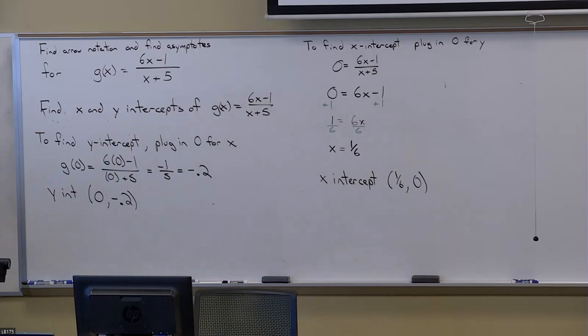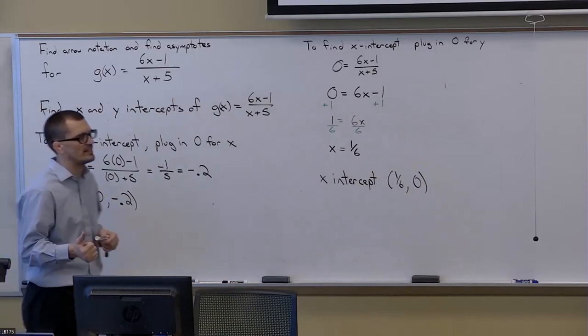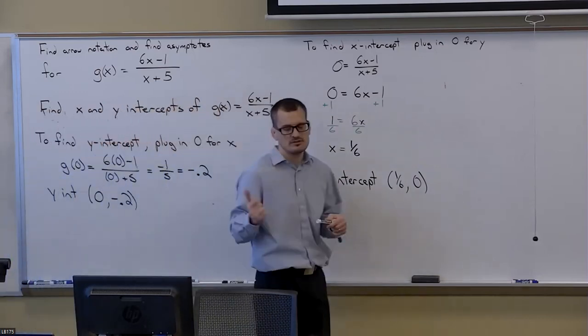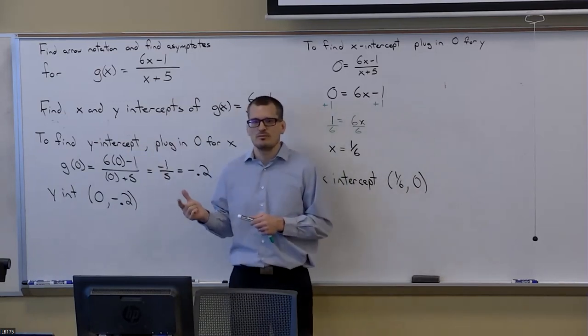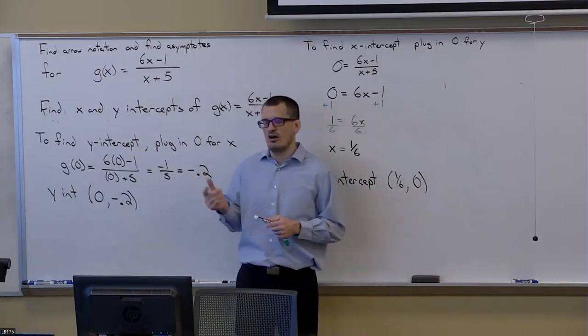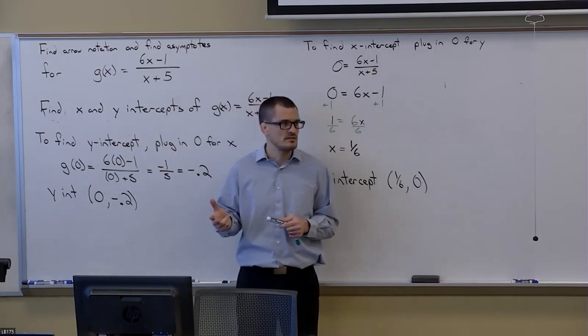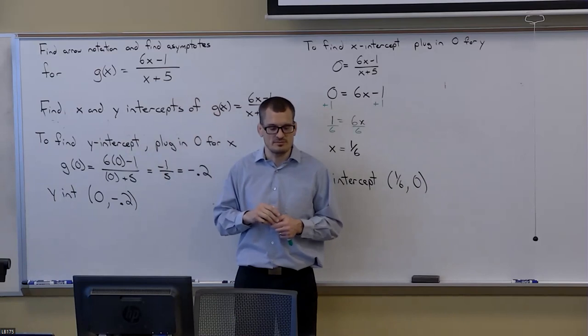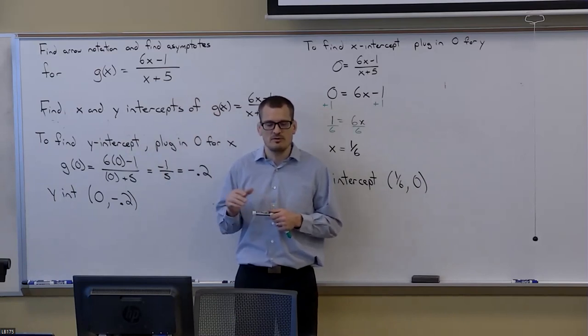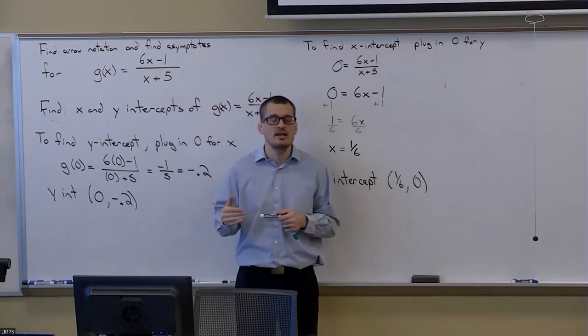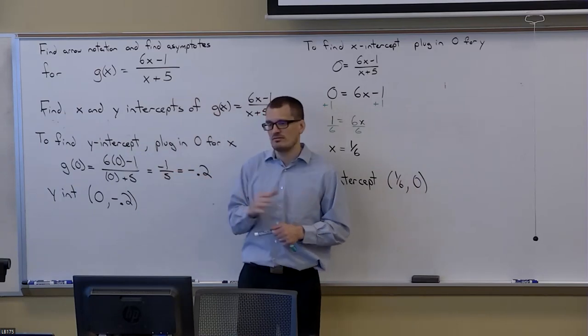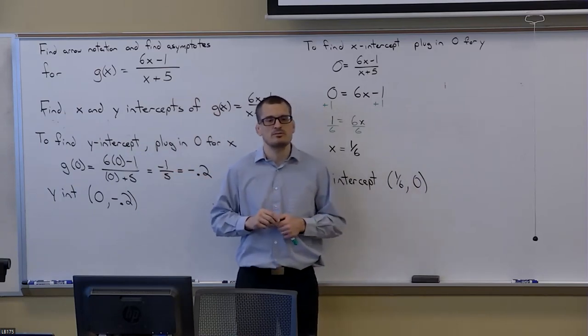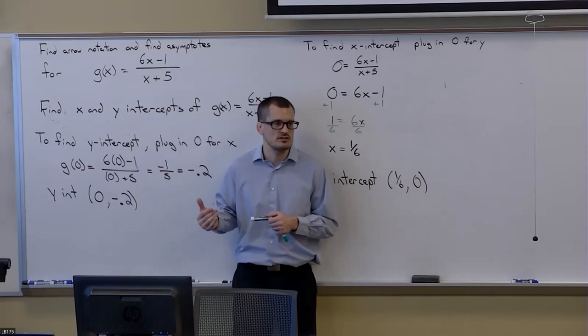So there we go. We found the vertical asymptote, we found horizontal asymptotes, we found all of the arrow notation, we found now x and y intercepts, and that's basically all that we need to know about rational functions, other than being able to recognize them. Now we should be able to recognize the graph of a rational function too.